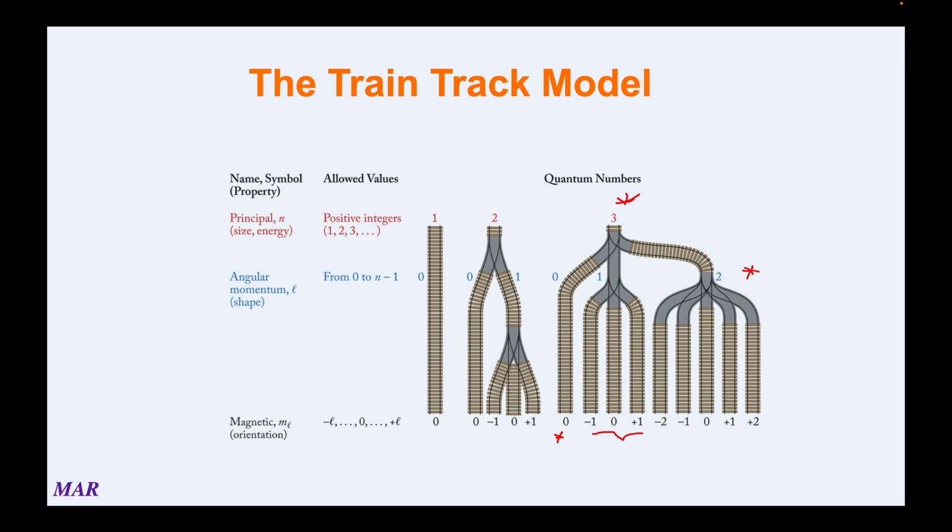And when L equals 2, there were 5 m sub L values, or 5 orbitals. And you can do the same thing for 2 and 1 and stuff like that. So whichever method you use, it's important stuff to figure out. And again, it's not too hard. And again, what's kind of cool is this is all the results of some pretty high-level math, and they were able to do it. Pretty awesome.